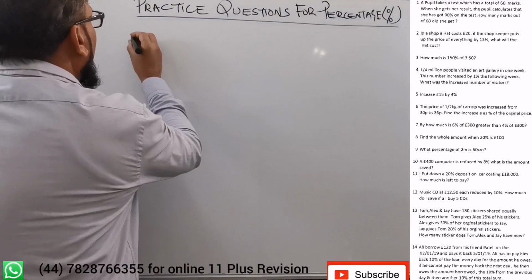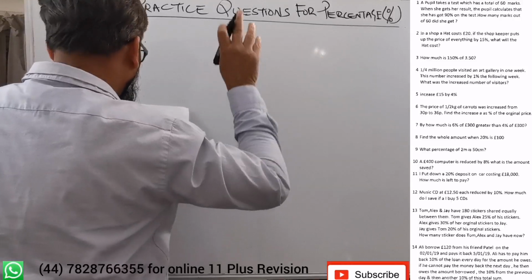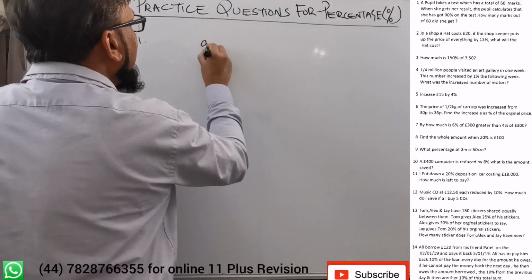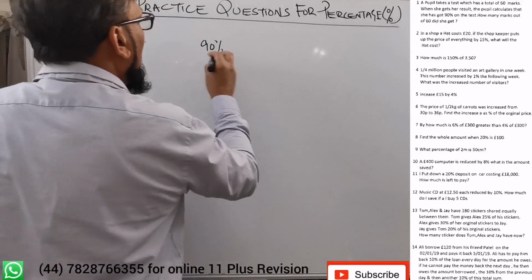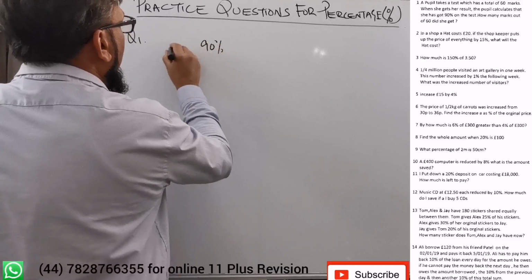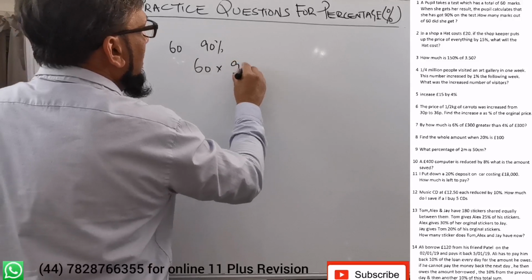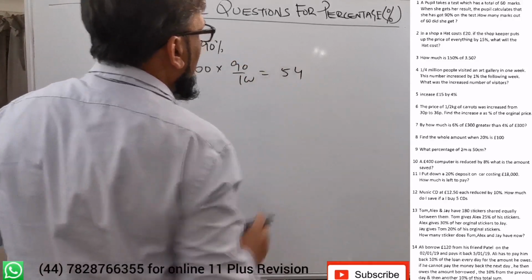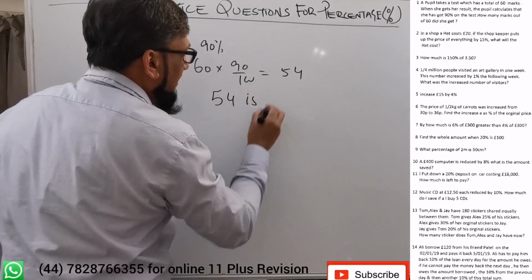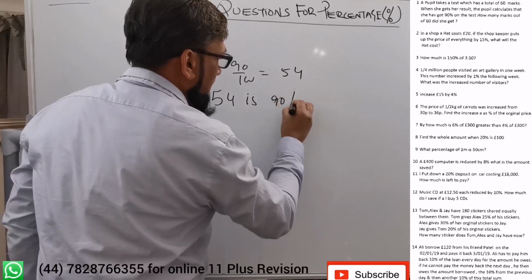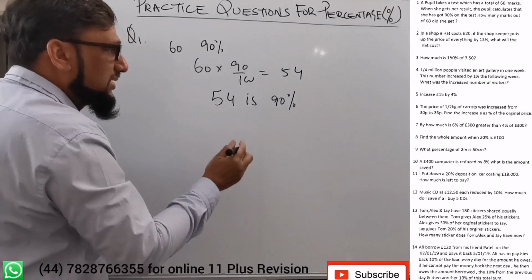So just recap question number 1: 60 times 90 over 100, which is 54. So I can write down that 54 is 90%.